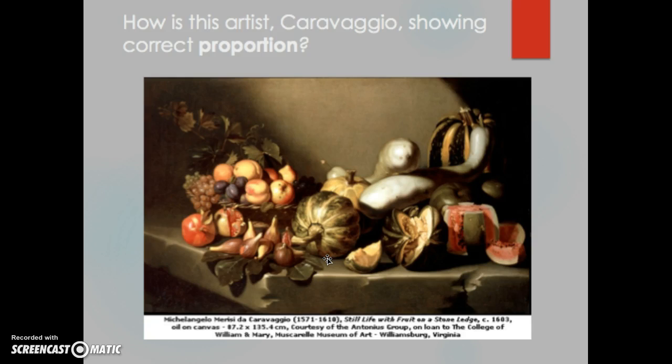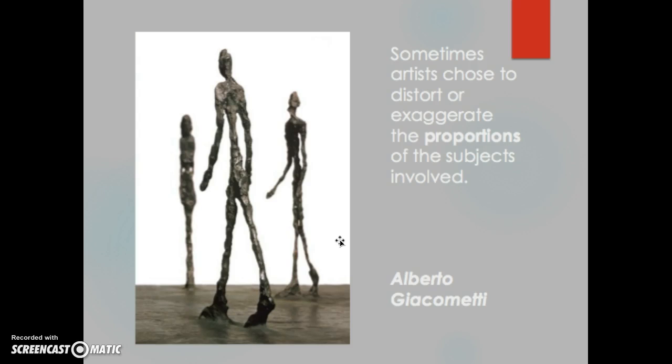The leaves make sense to the fruit that's around them. The grapes are proportionate to the plums in the basket here on the left. They're proportionate to the bigger squash. Nothing is too big, nothing is too small. It all looks very realistic because there's correct proportion.